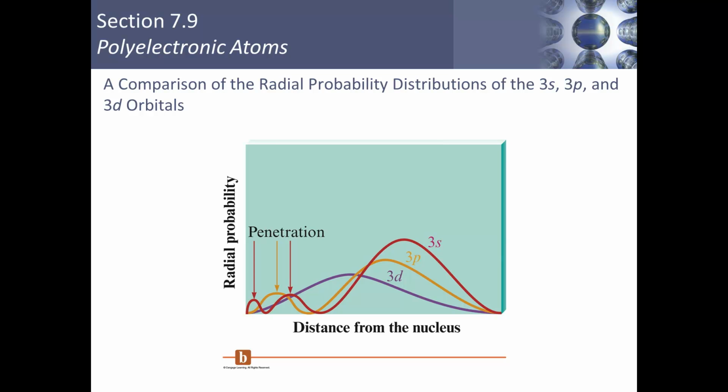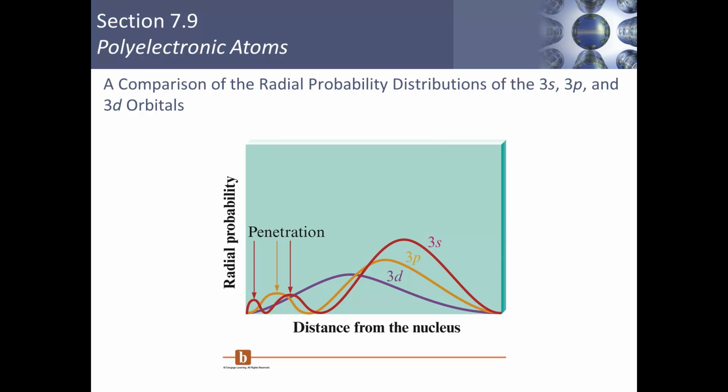If we compare the 3s, 3p, and 3d orbitals, the 3d orbital overall appears to have a larger radial probability closer to the nucleus, but the 3s orbital has a small area of very high probability, which is more significant and penetrates the 3s electrons closer to the nucleus.